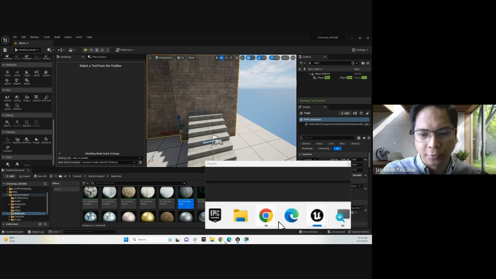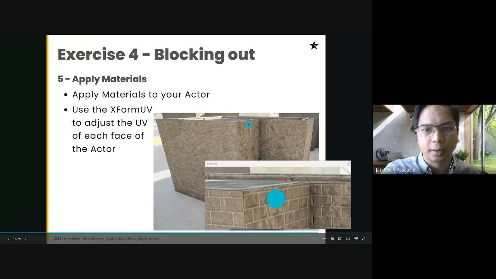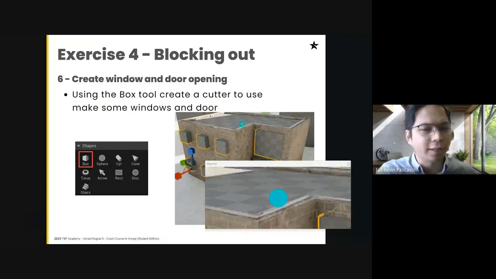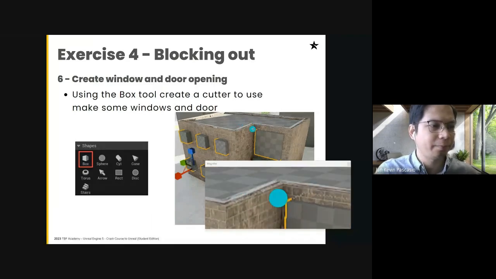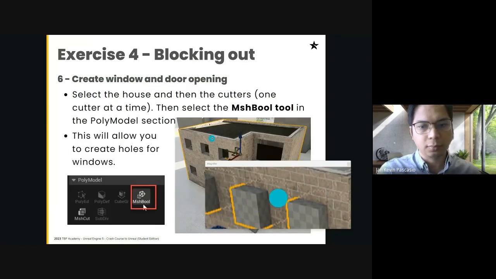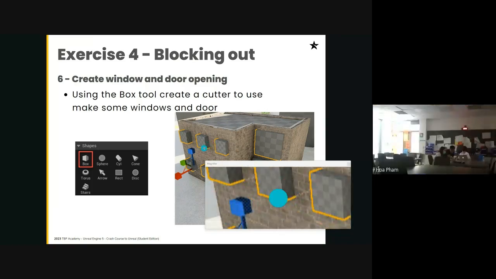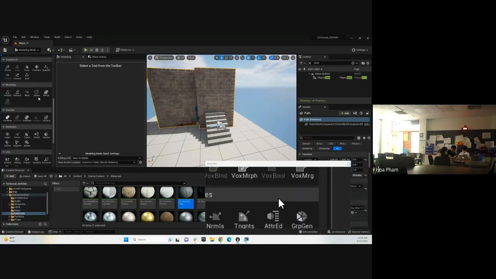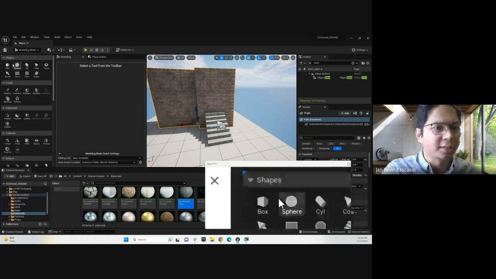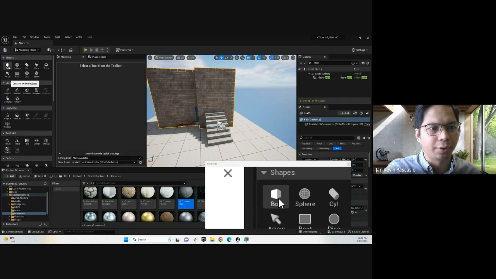Let's get over to here. Okay. So now we have to create the windows and the door opening, once you are done with your materials. You can start creating the windows by going to shapes, going to box.